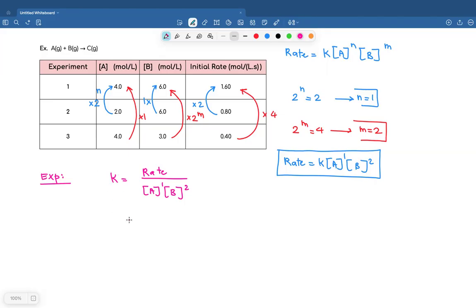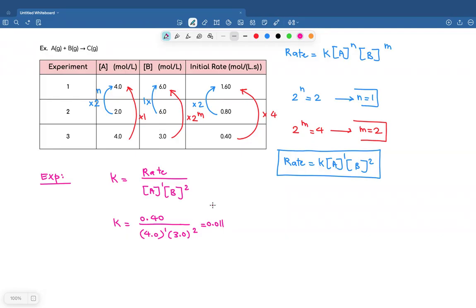And then I'm plugging in the values for experiment 3. So K would be 0.40 over concentration of A, which is 4 to the power of 1, and then concentration of B, which is 3 to the power of 2. Once we plug it in, we see that the value of K is 0.011.